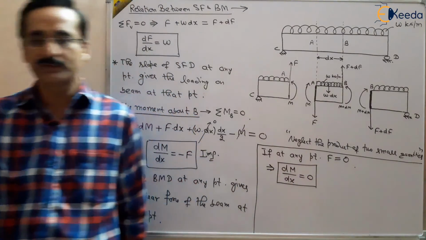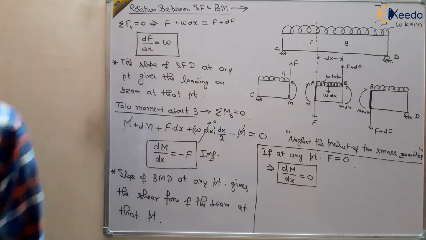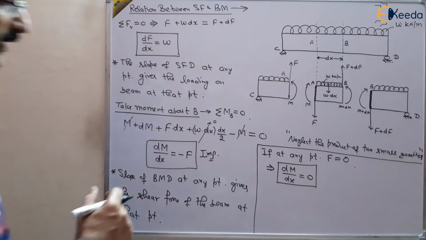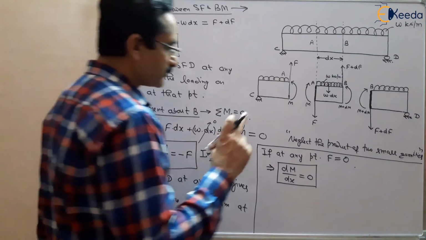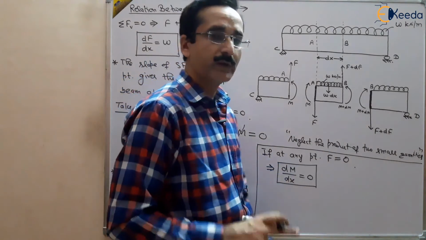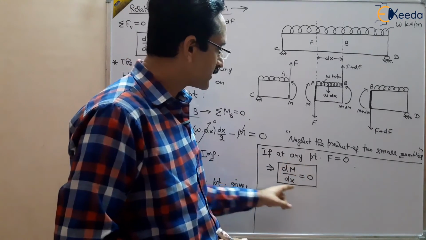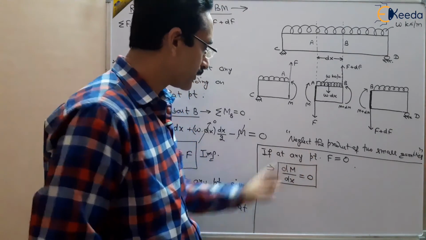And what is the meaning of 0 slope at that point? There will be either a maximum or a minimum, right? So that's why we say that the point where shear force is 0 will be a point of maxima or minima, because this is the condition for either maxima or minima.